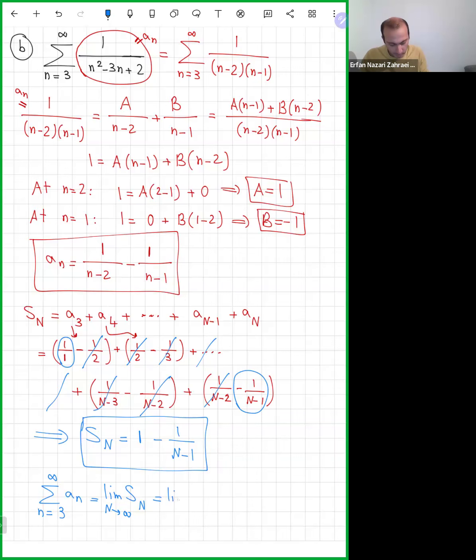So I need to take the limit of this thing as n goes to infinity. As n becomes larger and larger, 1 over (n minus 1) is 1 over infinity, which approaches 0. So you get 1 minus 0, which is 1. That is the final answer for this question. So this infinite series converges exactly to the number 1.